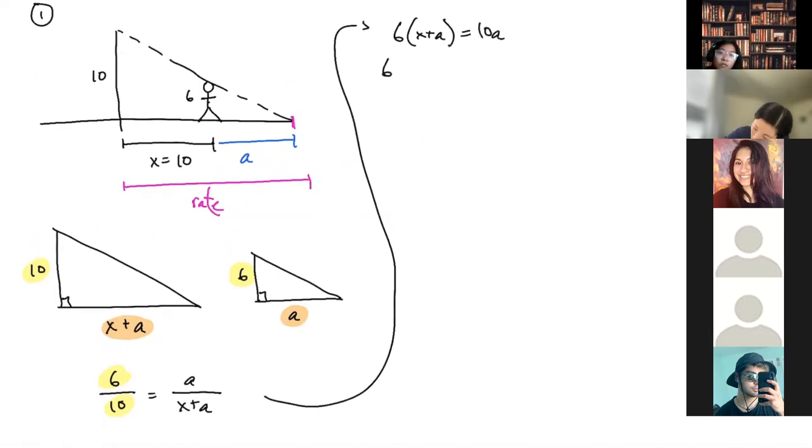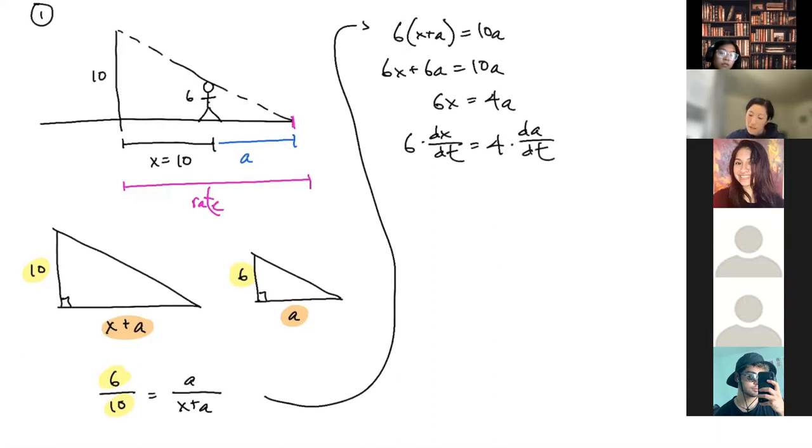I'm going to get 6x plus 6a equals 10a. 6x equals 4a. Now I want to find a derivative. I could have found it earlier, but this form is just easier to take a derivative of. So we get 6 times dx dt equals 4 times dA dt.